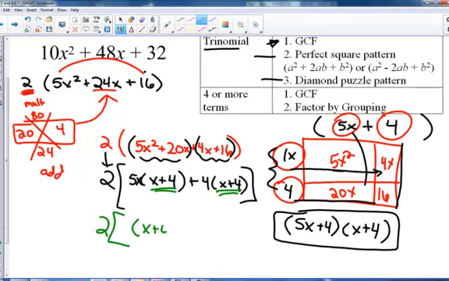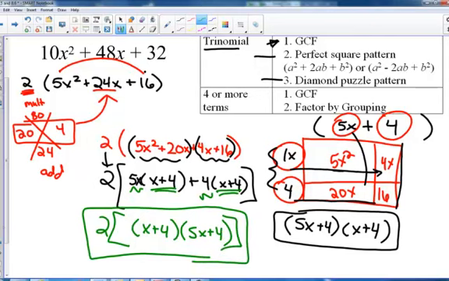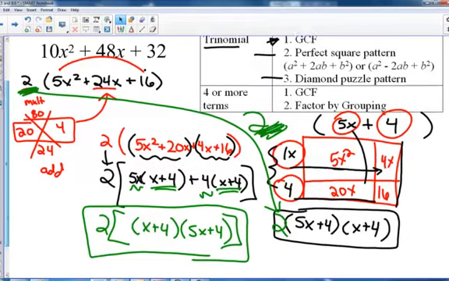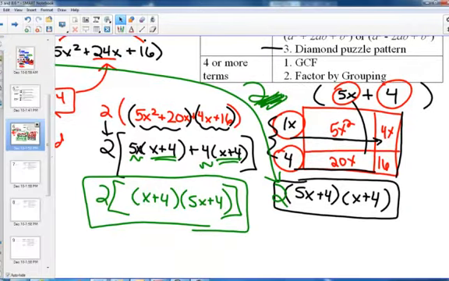I've got the x plus 4, and then I've got 5x plus 4. Alright, so I just realized that I lost the 2 there. So I need to make sure I don't lose that. In fact, I was thinking about writing a 2 up here to remind myself that there's a 2 out front. So that's important. It's just so exciting when you finish the box.